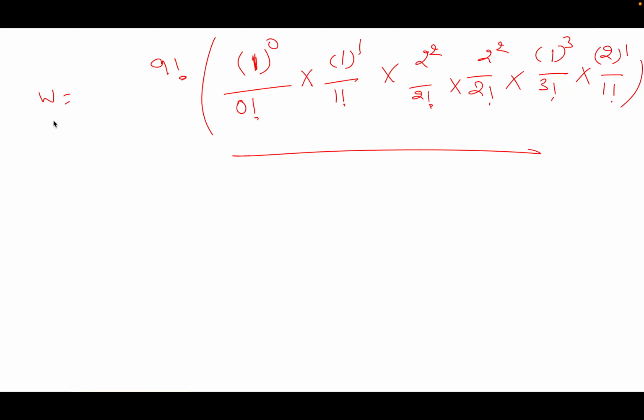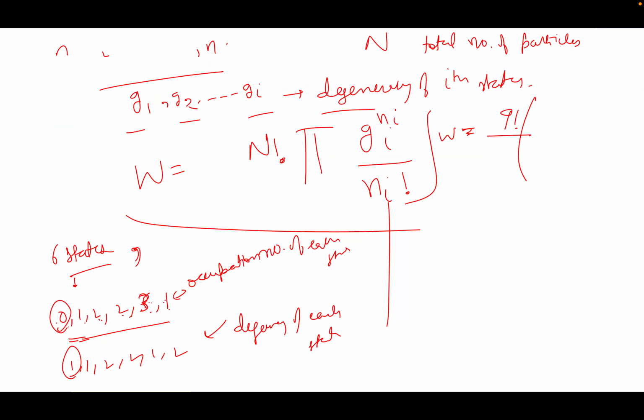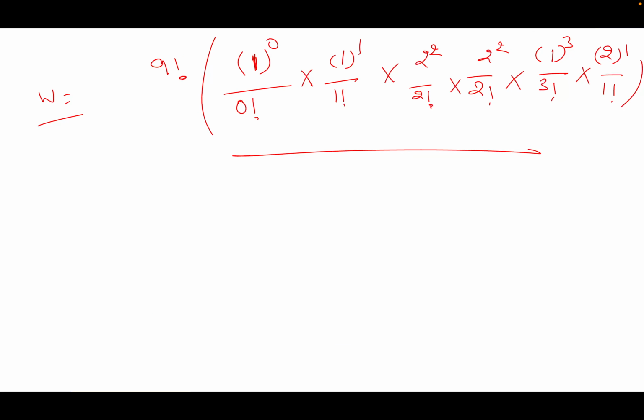So this is the distribution for this condition. Like this, any type of question, whether it is very difficult or easy, you can solve it very easily. So this is how it works.